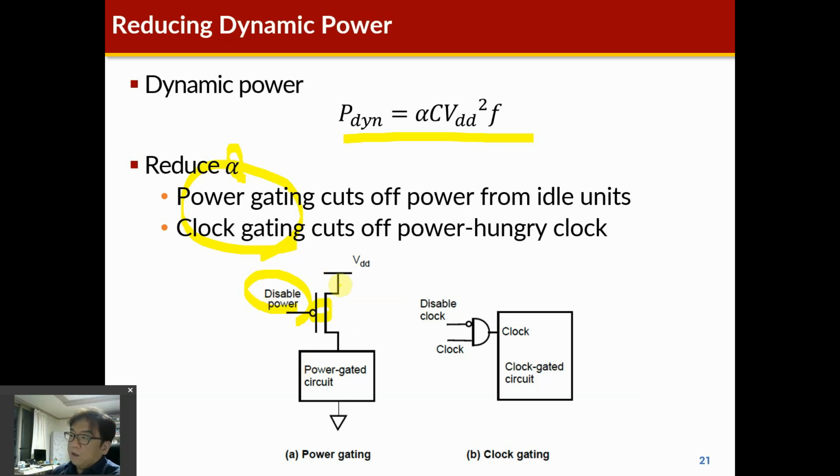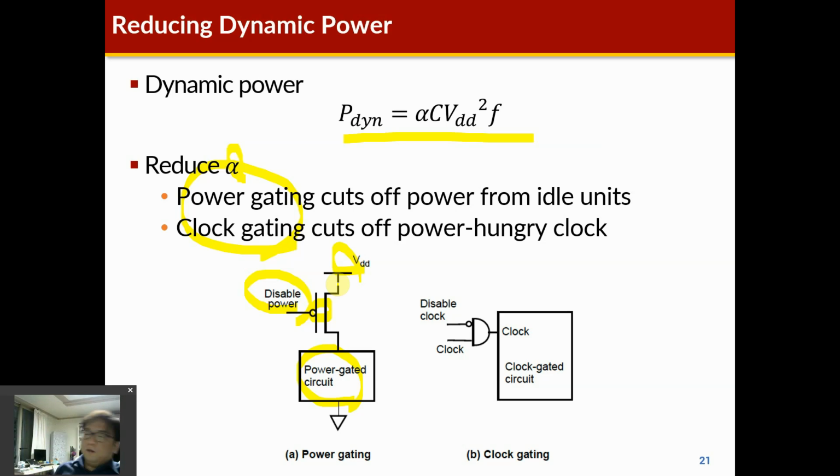We can totally cut off the supply voltage to this CMOS circuit, so we can remove the power consumption by leakage and the dynamic power.